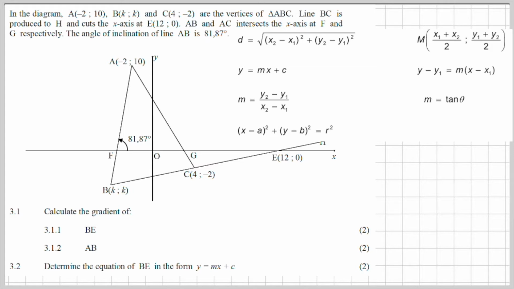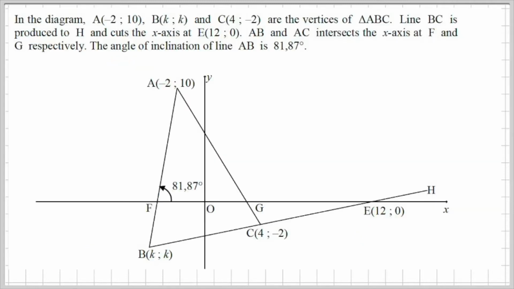So if you look at this, I want to go through this, and I'm maybe going to go into a lot more detail than you're used to, but I want to show you how I analyze a question like this one. So if I look at this question, I'm going to read it through step by step. In the diagram, you've got A(-2; 10), B, which is (K; K), and C(4; 2).